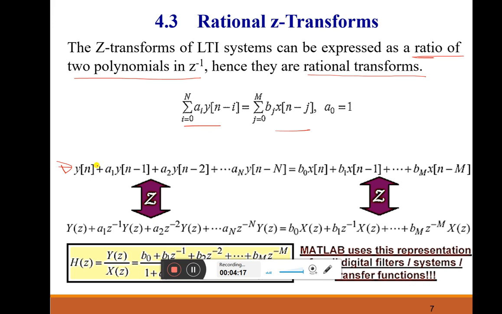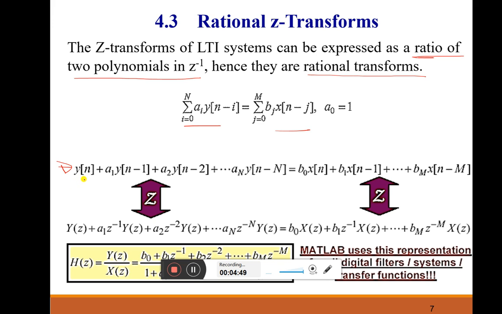So for y[n], y[n] plus a1 y[n-1] plus a2 y[n-2] plus ... an y[n-N] equals to b0 x[n] plus b1 x[n-1] plus ... bm x[n-M]. Alright, so this equation bila kita tukarkan kepada Z transform, okay, so we can change this into Z transform.